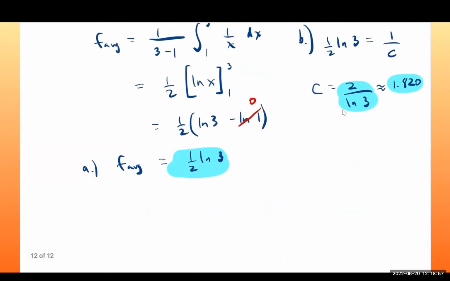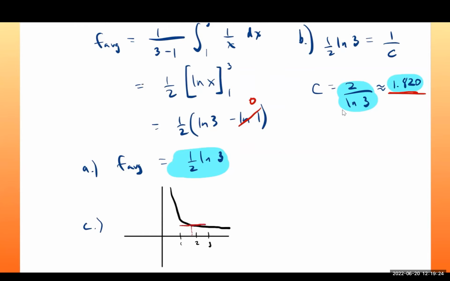So let's do that. Let's first graph the function. So this is part C. If you graph the function 1 over x, you will see that it looks something like this. And then 1 to 3 would be there. And then c, we found c to be 1.820, so that would be about right here somewhere.